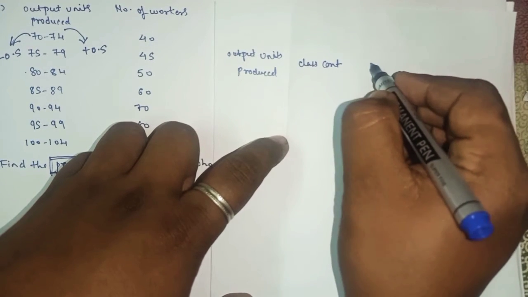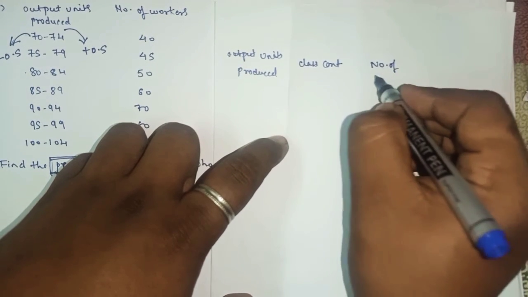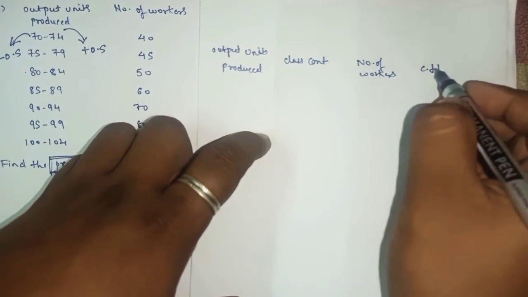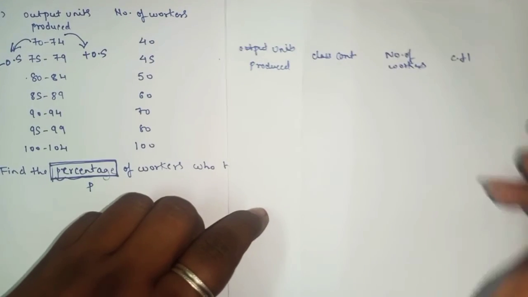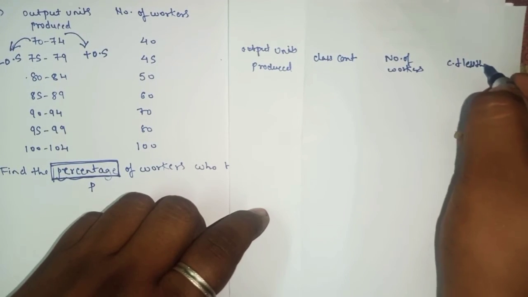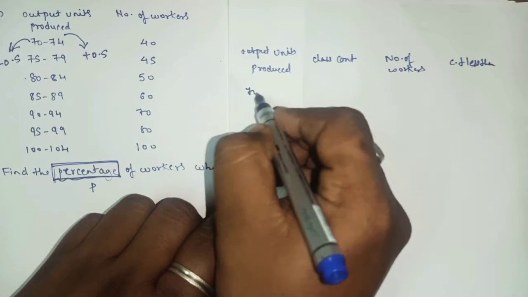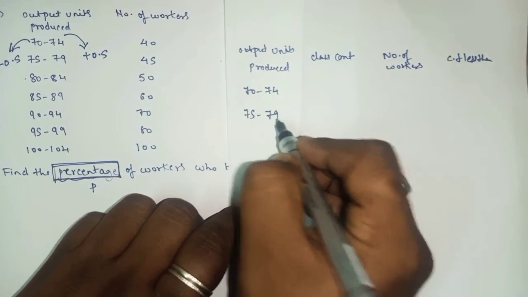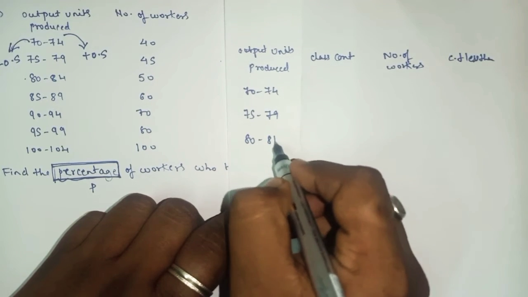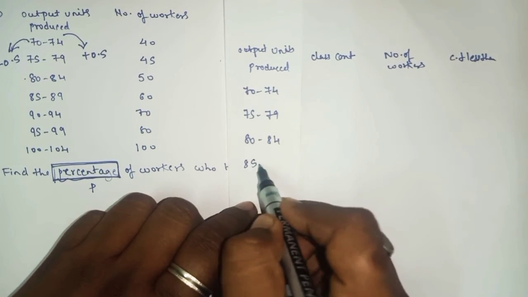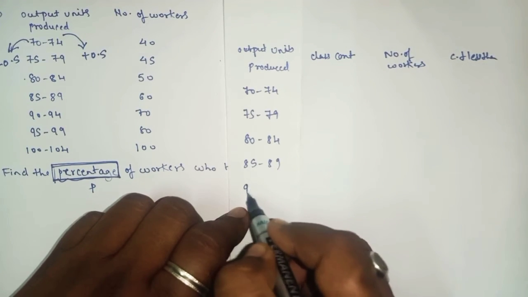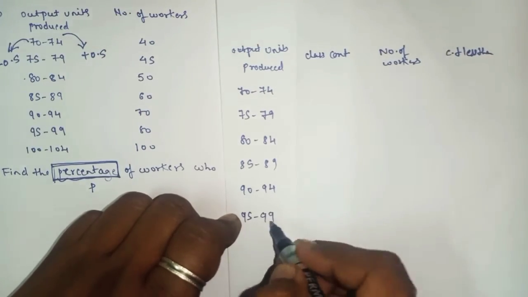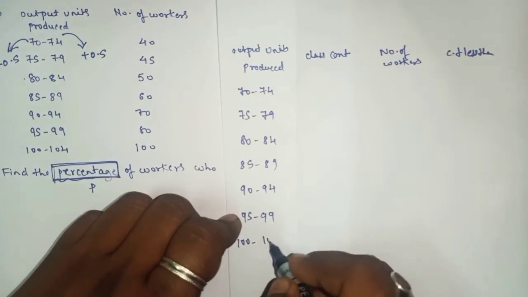Then the number of workers will come, then the cumulative frequency less than. The classes are 70 to 74, 75 to 79, 80 to 84, 85 to 89, 90 to 94, 95 to 99, 100 to 104.